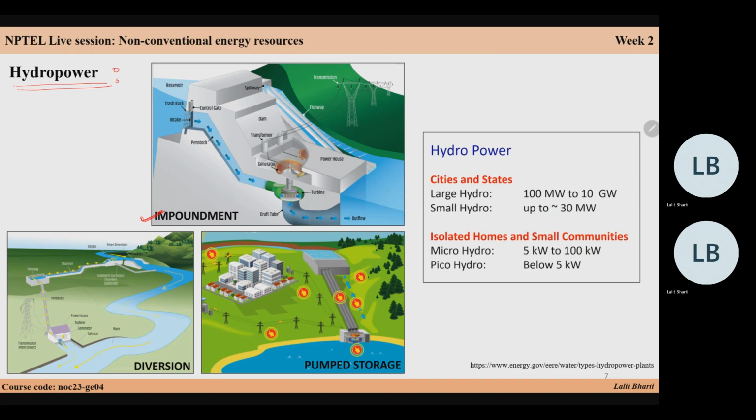So this kind of hydropower energy generation is based on some dam which can be on the bank of some river or some water reservoir. So basically, we have a water reservoir.